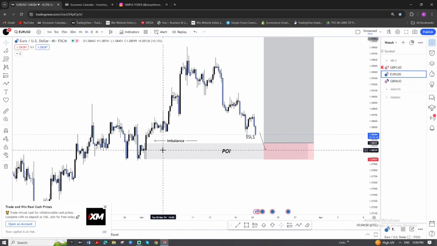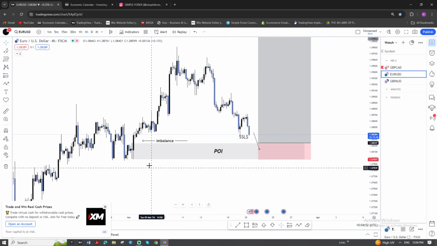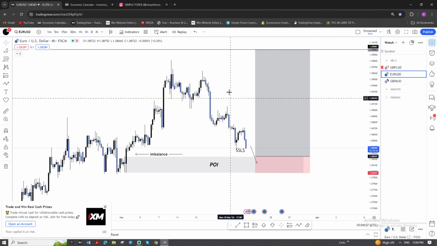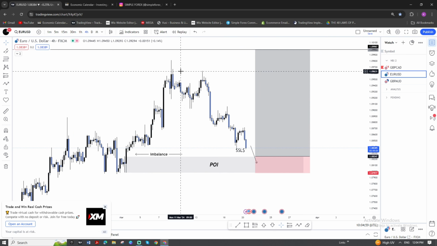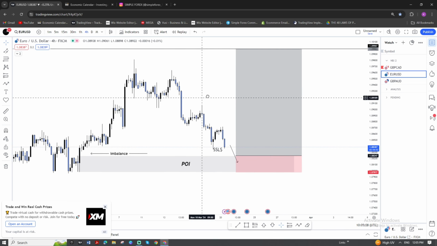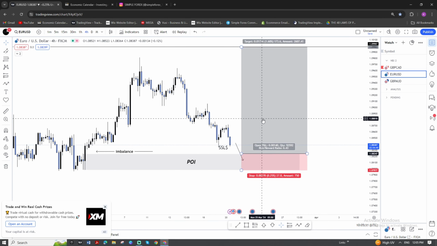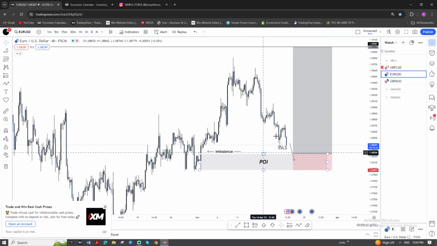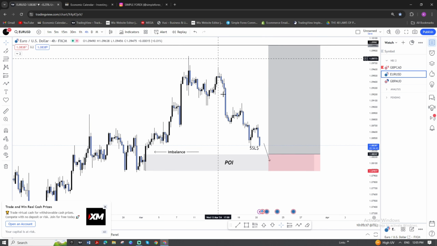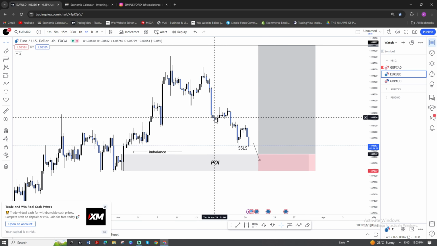So this is a nice point of interest. This is a nice point where I'll be looking to take my buys. But my suggestion would be for you to just wait for me to confirm with you. If you're in the Telegram group or in the WhatsApp group, I'll confirm to you when I take this trade, if I get the proper confirmation that, okay, it's time to buy over on that point, guys, because there might be some things that change the direction of the market and then you just see it go down and take us out, guys.